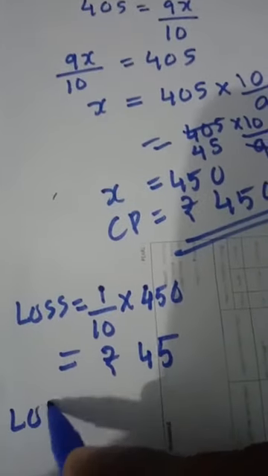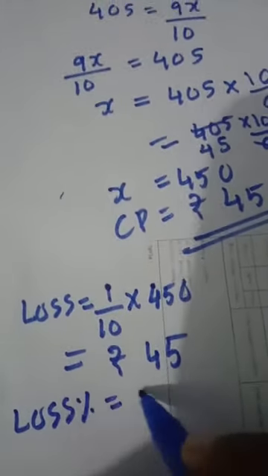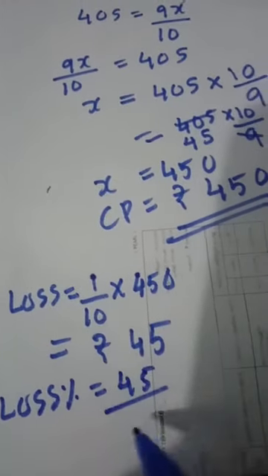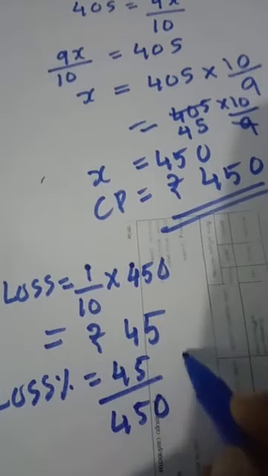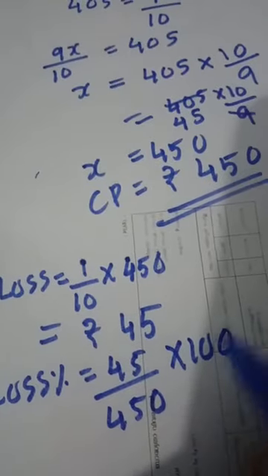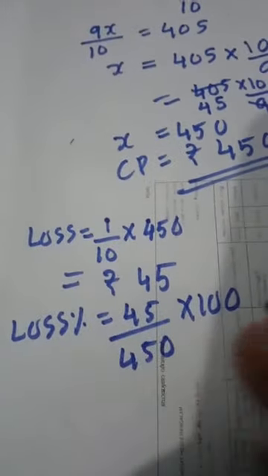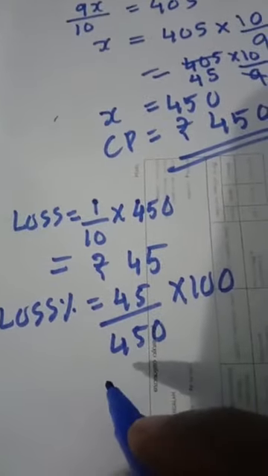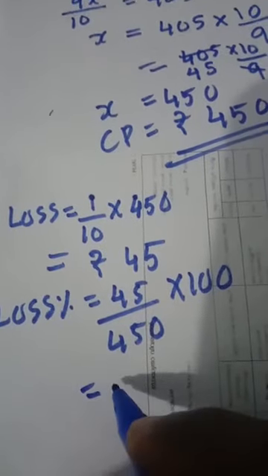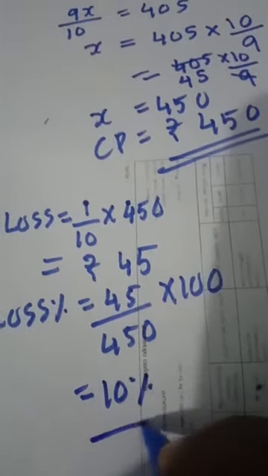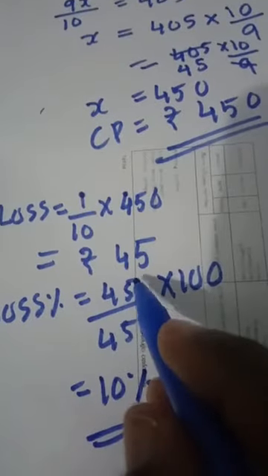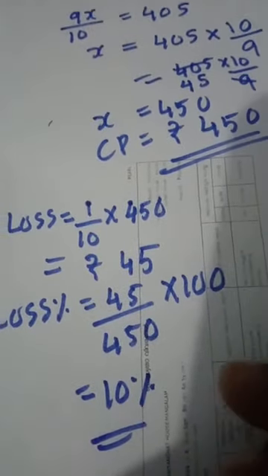So loss percentage equals loss by CP, 45 by 450, into 100. The 0 gets cancelled, and 45 and 45 also get cancelled. So 10%.